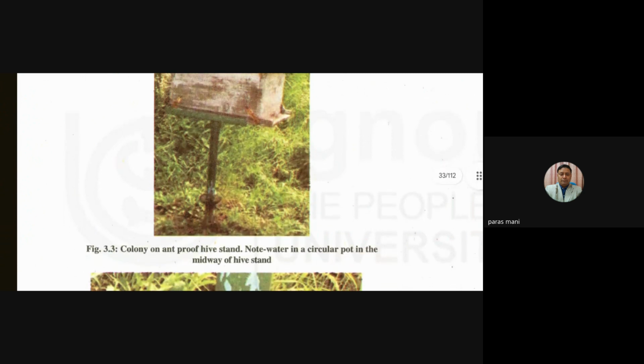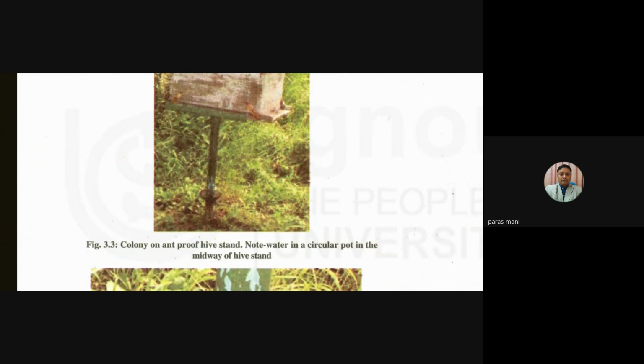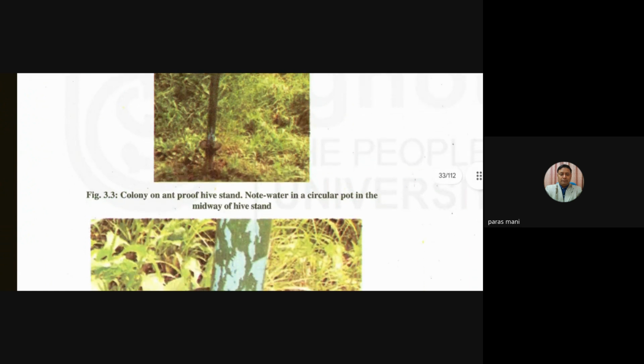You can use water, but that will dry frequently, and you have to refill it every 2 to 3 days in summer. Or else you can use waste oil, engine oil.